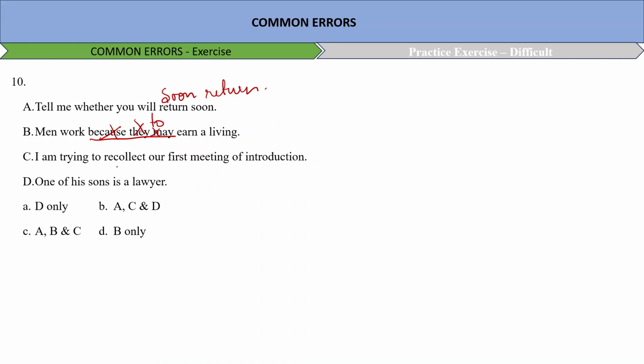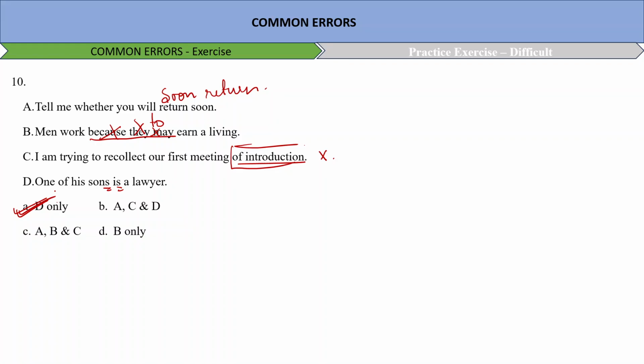I am trying to recollect our first meeting of introduction. Our first meeting itself implies that it was the first meeting, so there is no need for introduction. This is not required. One of his sons is a lawyer. One of, with a plural subject and singular verb, is appropriate. So according to this, only D is correct. So option number A is the answer for question number 10.